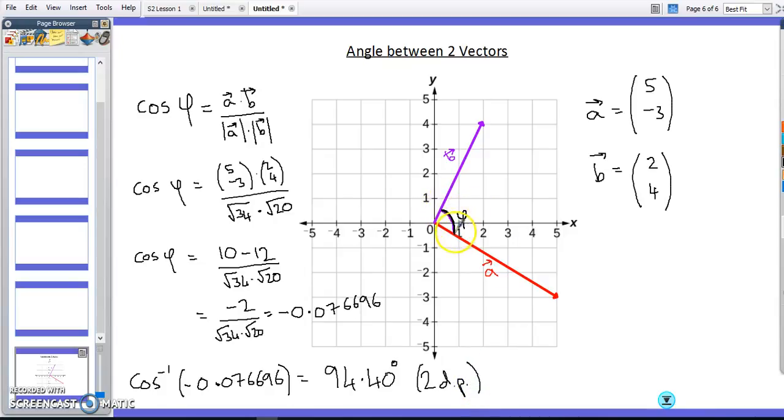So we found that this angle, although these two look perpendicular, they're not perpendicular. I've actually found the angle between them.